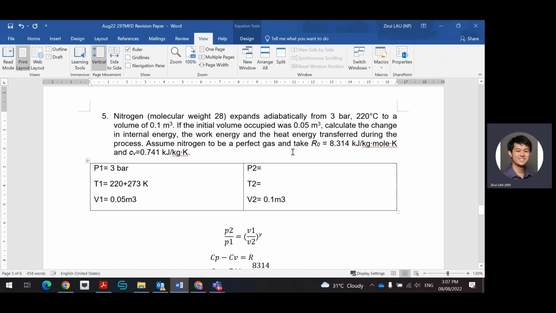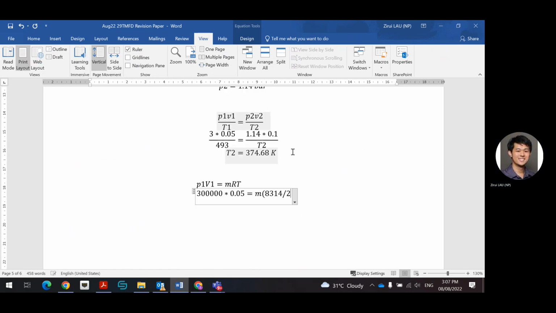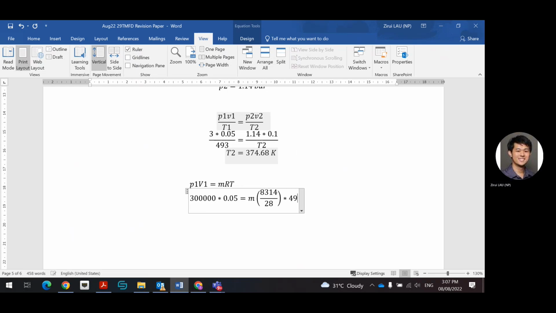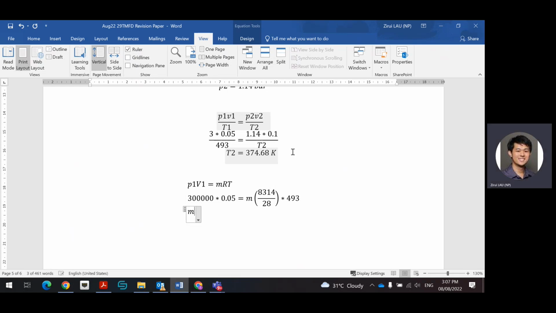So it's divided by 28. Times your T1, which is 493. So what is your M? 0.102 kilograms.